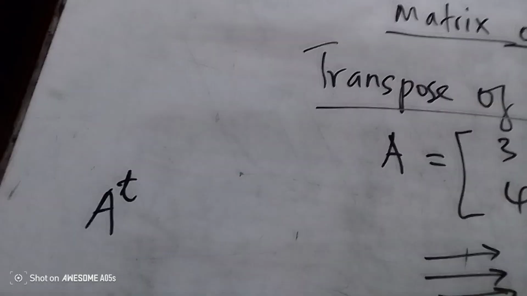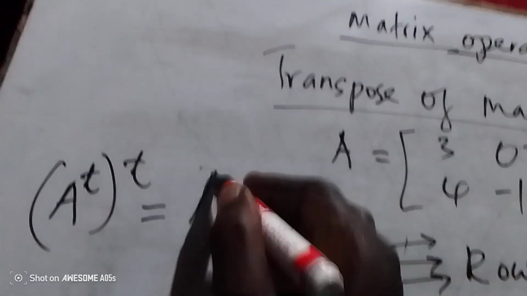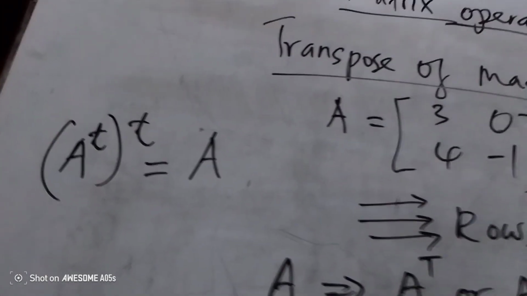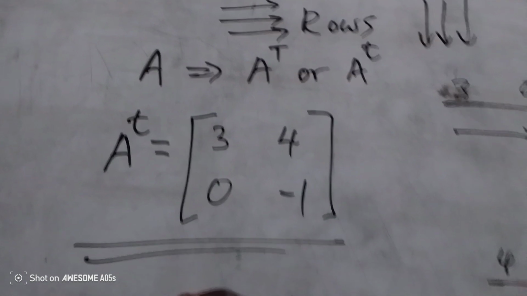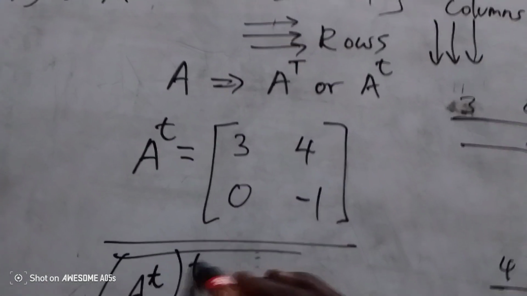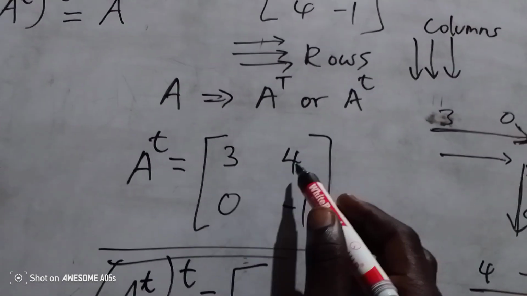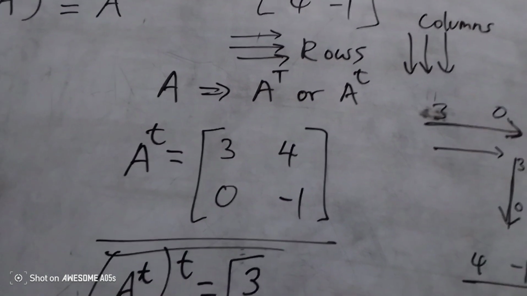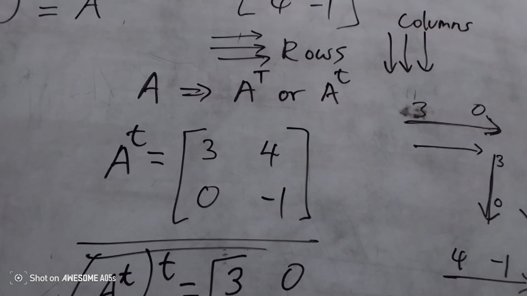So the other concept is that if you transpose a matrix, and again you transpose it, it gives you back the original matrix. For instance, you can notice that we have transposed this matrix to this one. If we want to transpose it again, this row will be written as a column, and this row will be written as a column.